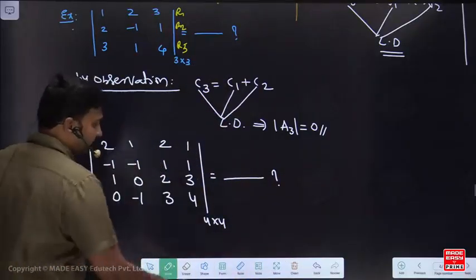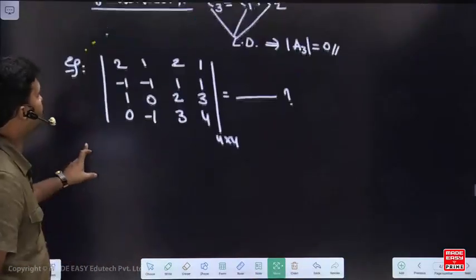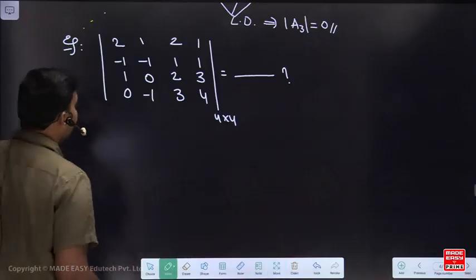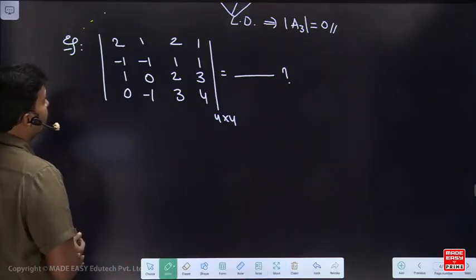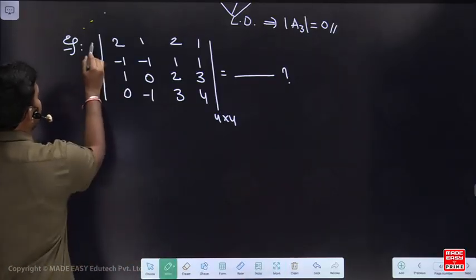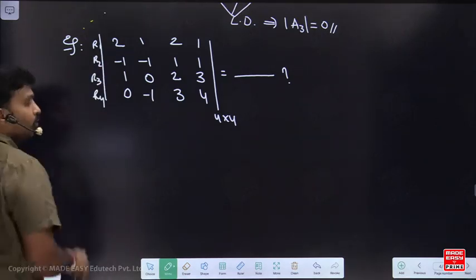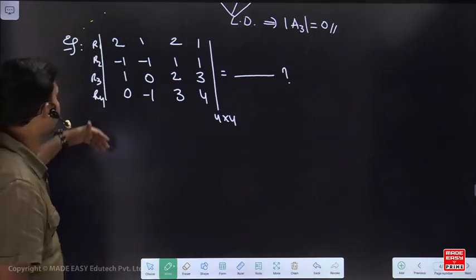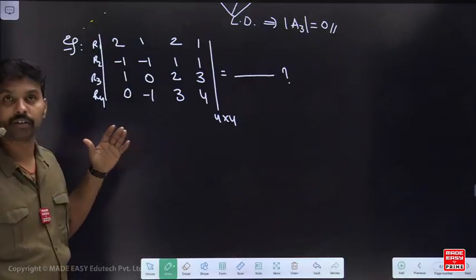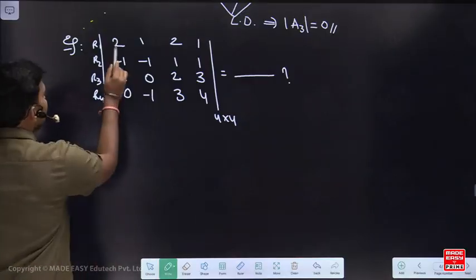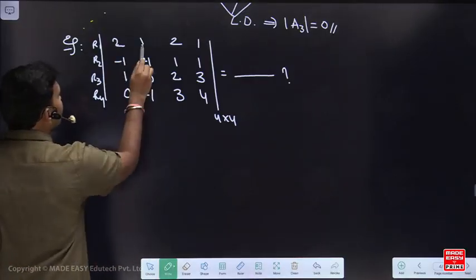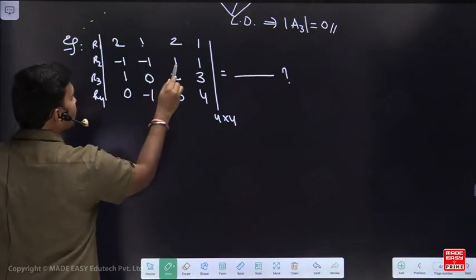देखो बेटा, इसमें क्या होता है, right? Tell me what is going to happen in this, right? First you take row 1, row 2, row 3 and row 4 here. There are 4 rows. Is there any linear dependency here? Let us check it. 2 minus 1 is 1, 1 minus 1 is 0, 2 plus 1.